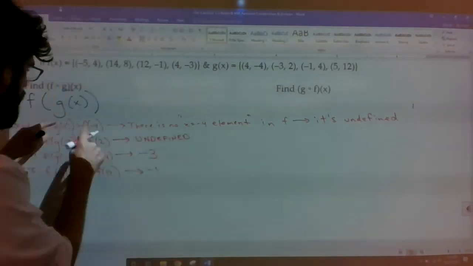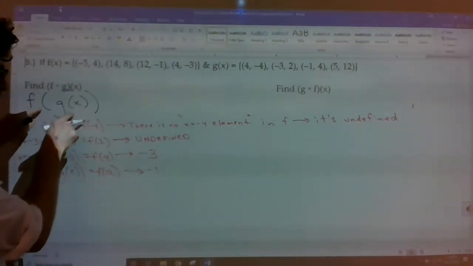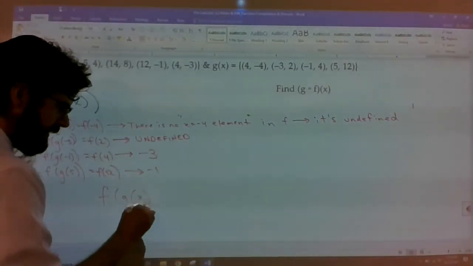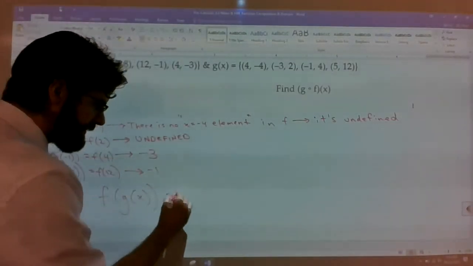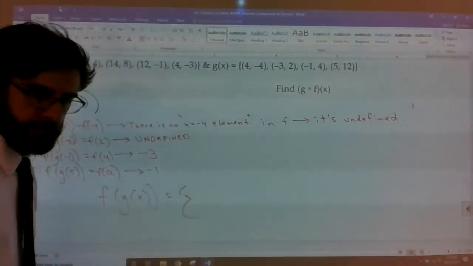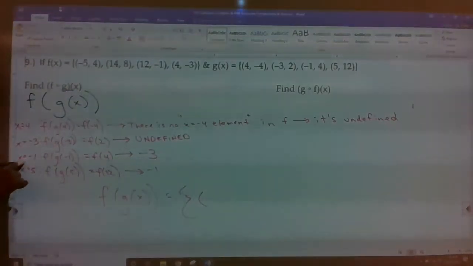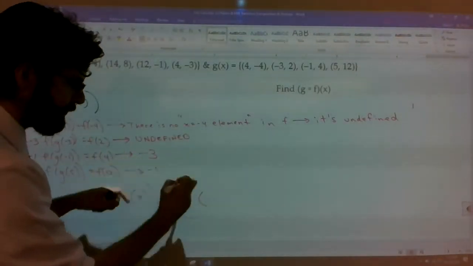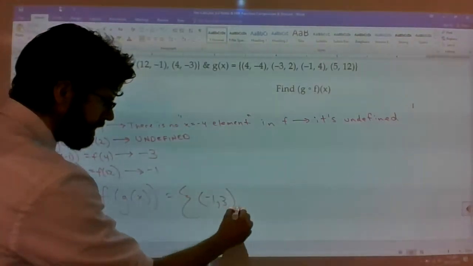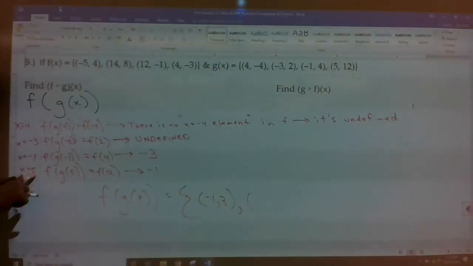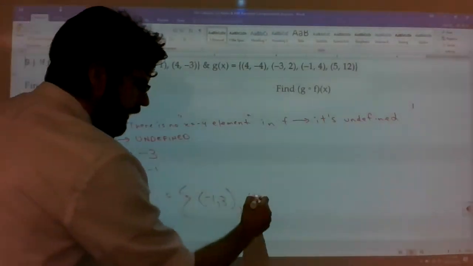So our composite function, f of g of x, has 2 elements in the set. The first element is, I input -1 at the very beginning, I output -3. For my second element, I input 5 and I output -1.